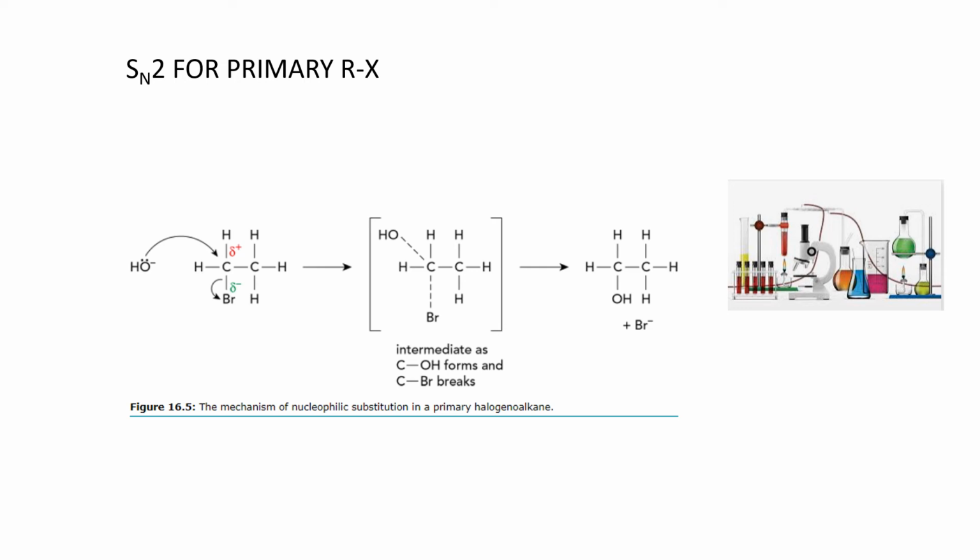Here, for example, the nucleophilic substitution of Br by OH minus. The rate of reaction depends both on OH minus concentration and ethyl bromide concentration.